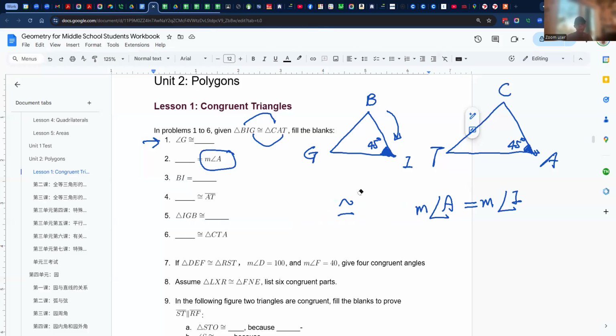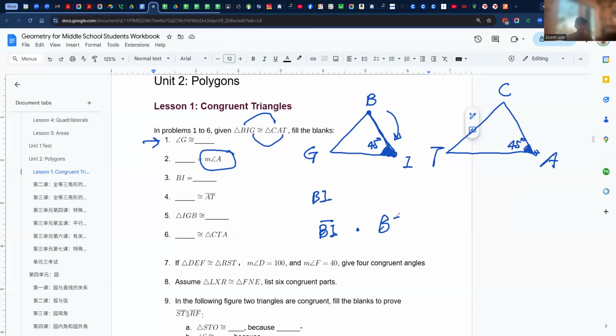Okay. Number three, BI. BI without anything, just BI itself, means the length from B to I. When we write BI like this, that means a line segment, just B and I as a geometric object.